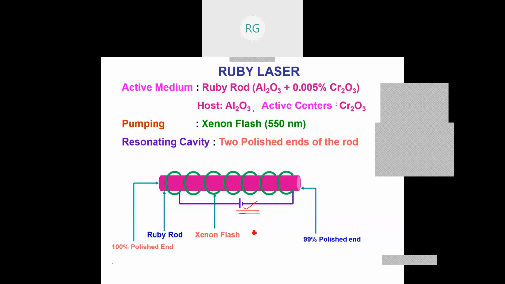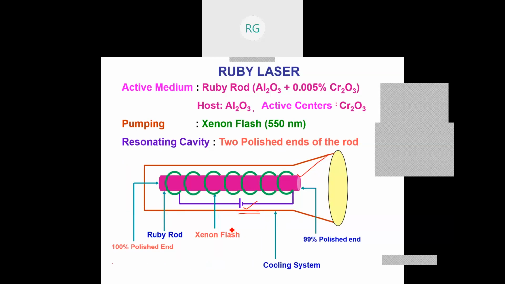Because xenon flash is high intensity light, it creates heat, and that high heat will damage the ruby rod. Therefore, we need a cooling system, a water cooled system, which keeps the ruby rod from getting heated because of xenon flash.